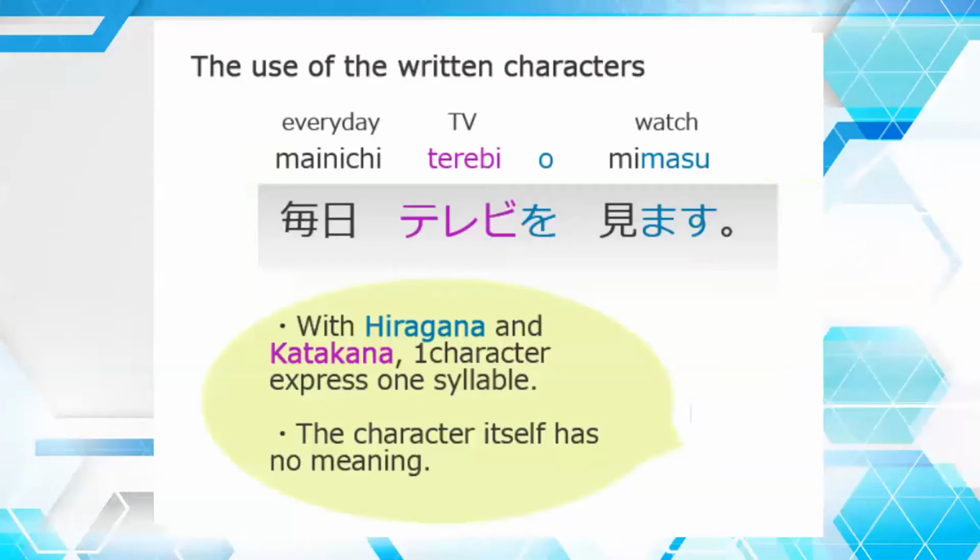Now, let's go to the use of written characters. Actually, in Japanese, in order to form a sentence, we use this writing system. So this is the normal. For example, mainichi terebi wo mimasu. Okay, I watch TV every day. With hiragana and katakana, one character expresses one syllable, and the character itself has no meaning.